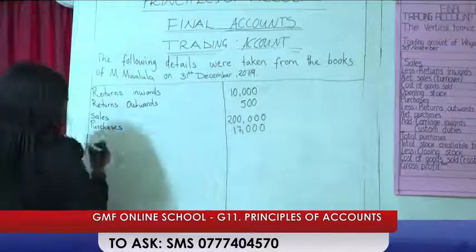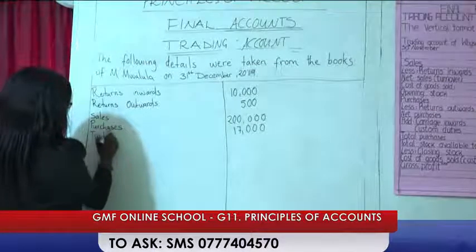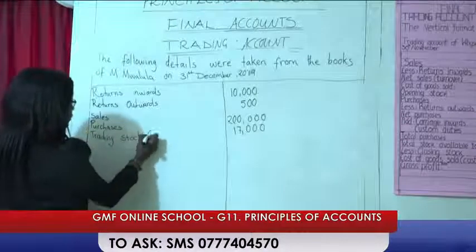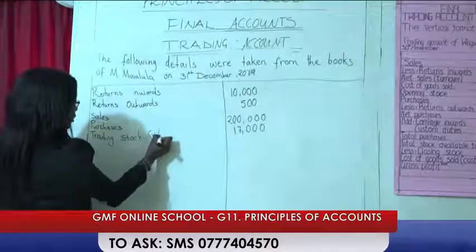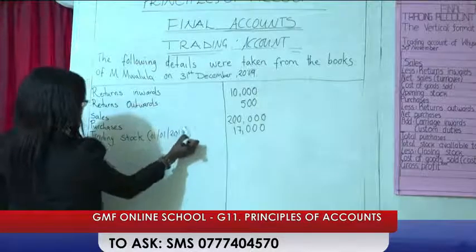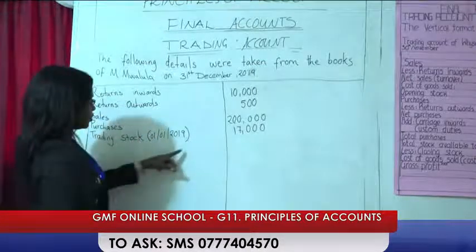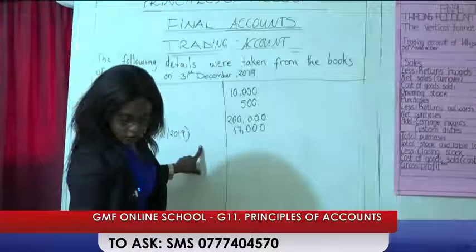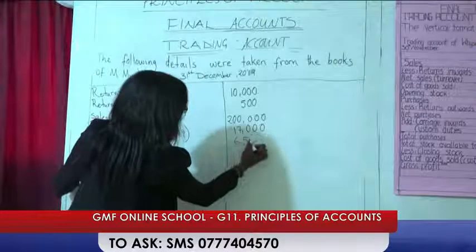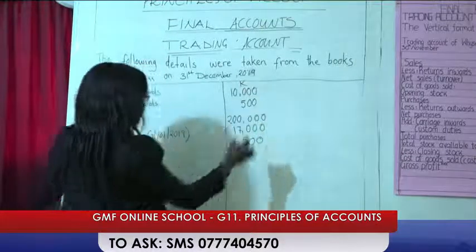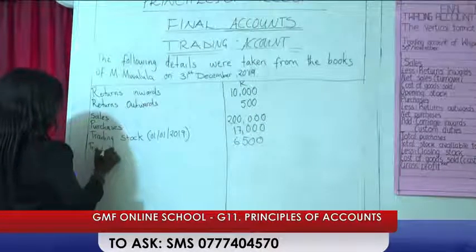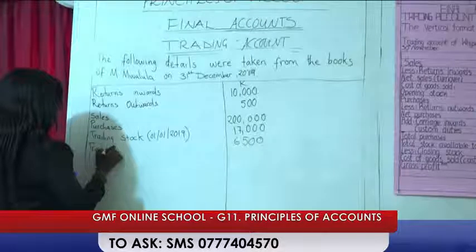And after the purchases, the trading stock, with the date given, 1st January 2019. The trading stock is 6,500. These are kwachas. Then the trading stock at the last date of the financial year.